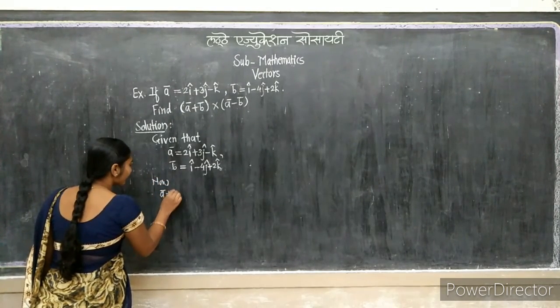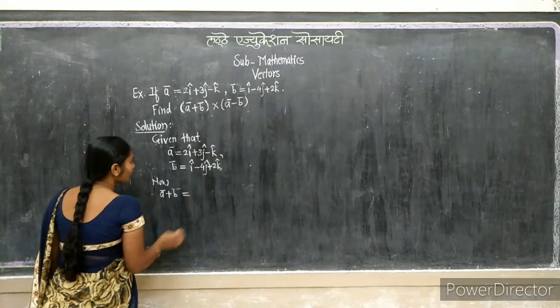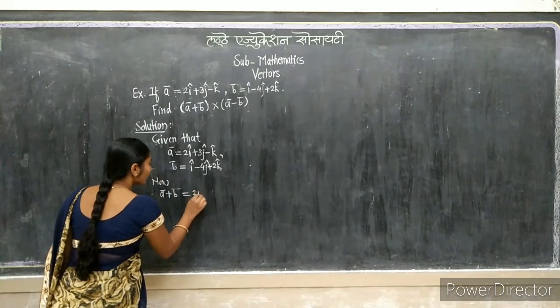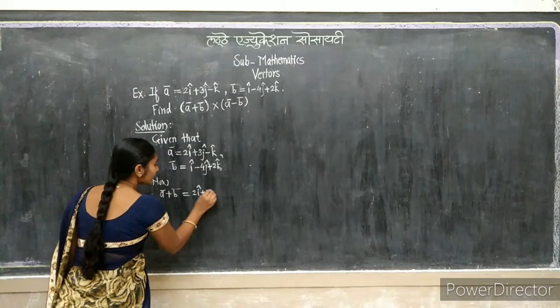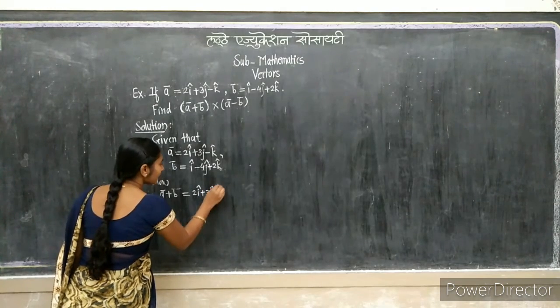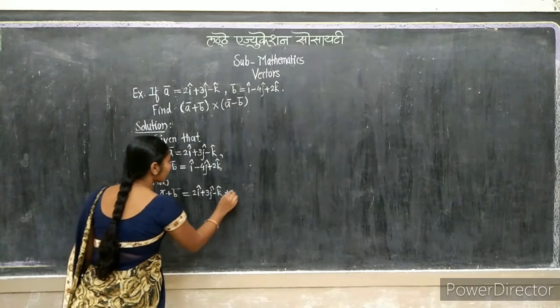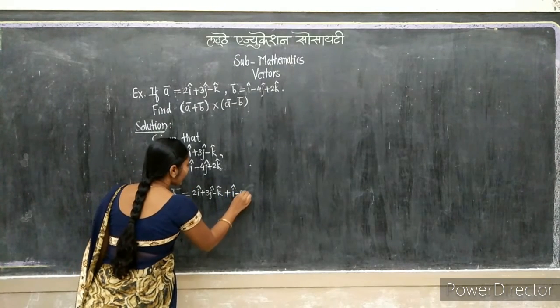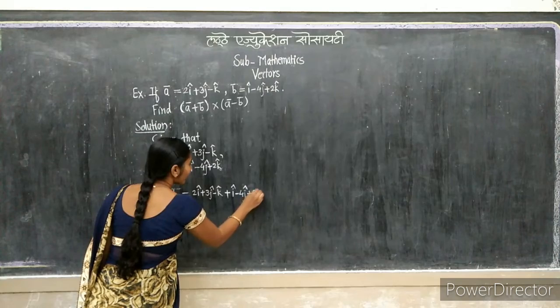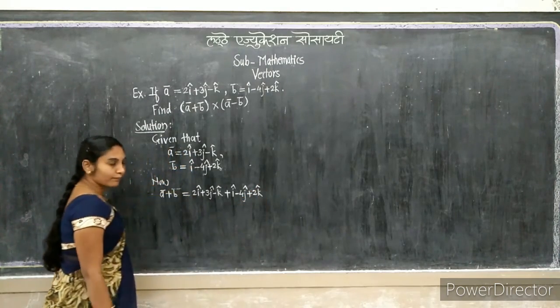a bar plus b bar is equal to a bar, which is 2i cap plus 3j cap minus k cap, plus b bar, which is i cap minus 4j cap plus 2k cap.